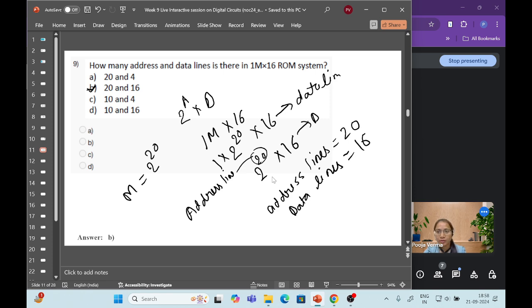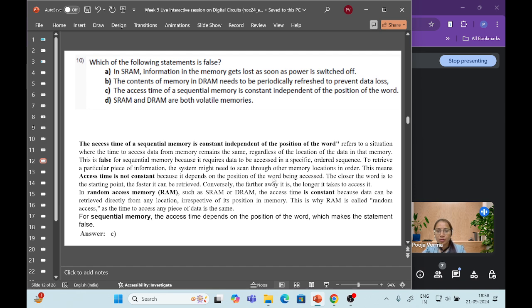Moving to the next question, which is a theoretical one. Which of the following statements is false? Option A: in SRAM, information in the memory gets lost as soon as power is switched off.